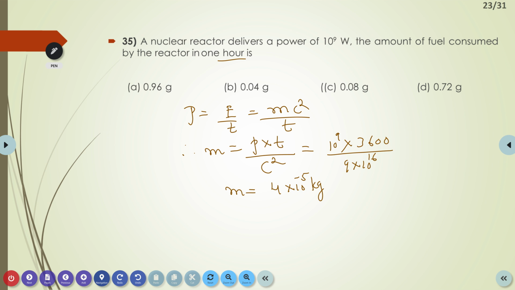But answers are in grams, so you have to convert: minus 5 into 10 to the power of 3 equals 4 into 10 to the power of minus 2 gram, equal to 0.04 gram. Is that a choice? Yes. This is the choice.